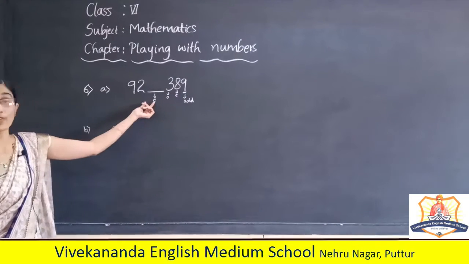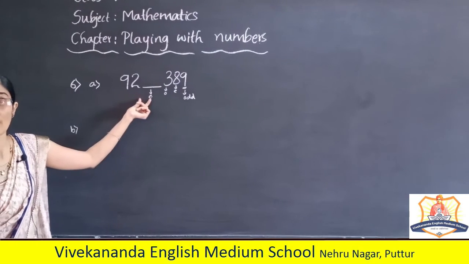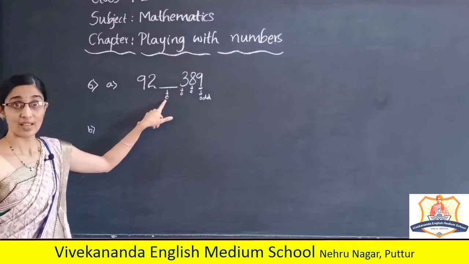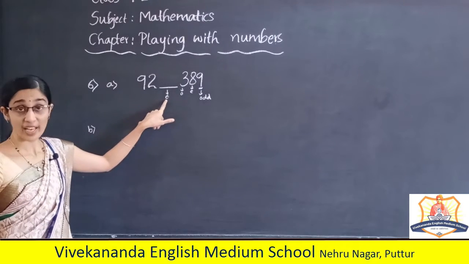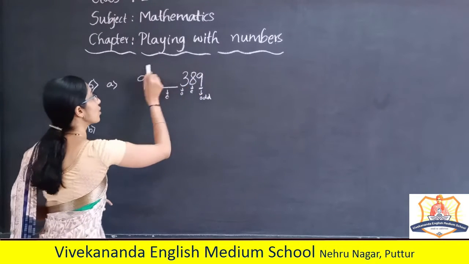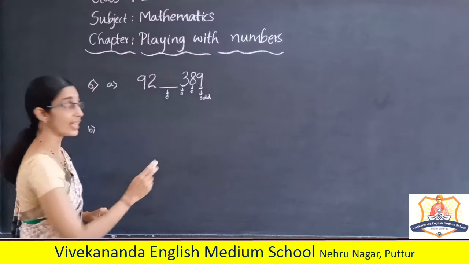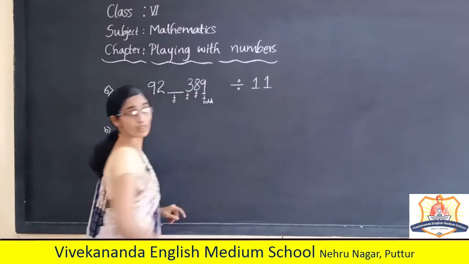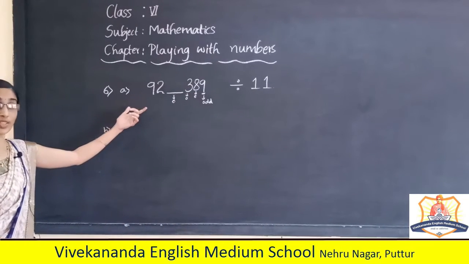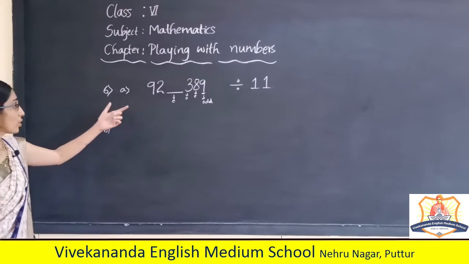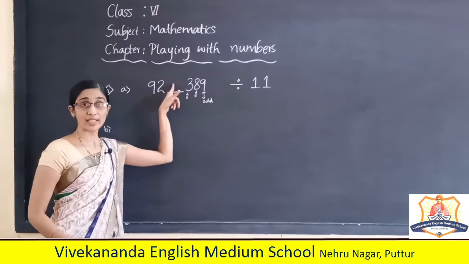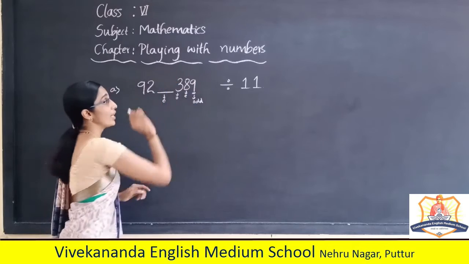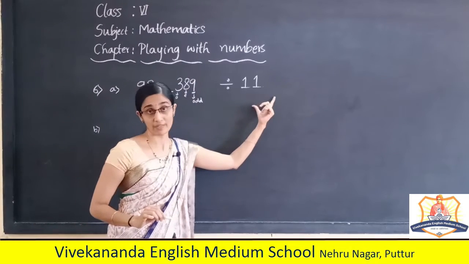So what do we need to find out here? The digit in the even place in such a way that this whole number is divisible by 11. Right? This is the question they have asked.